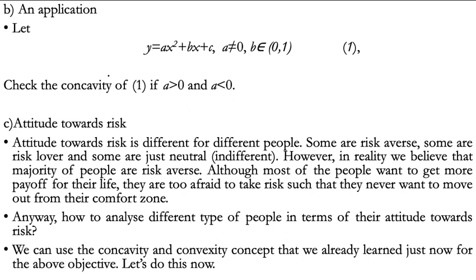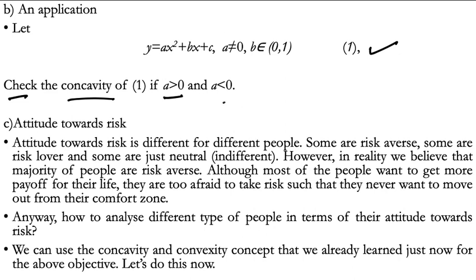Okay. Now, let's look at the application of the second derivative here. What I want you to do is, from this expression 1 here, check the concavity of 1 when the value of a, the coefficient here, the parameter here, is positive. And then you change the value of a becomes negative.